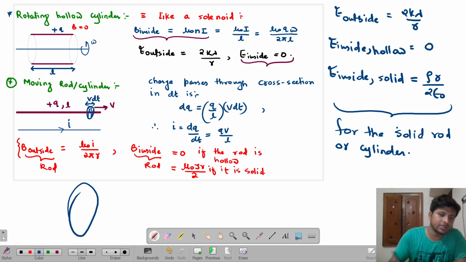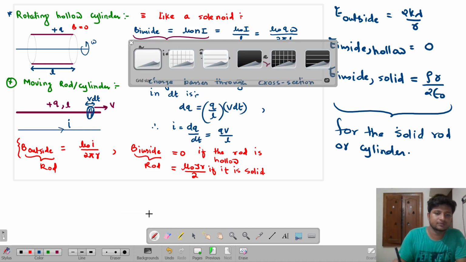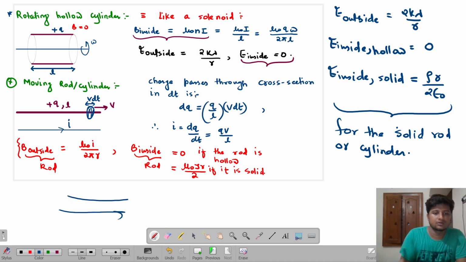Rotating means it will work like a solenoid. But if it is rotating, the current is generated in a turning way. But here the current is generated in a straight way.